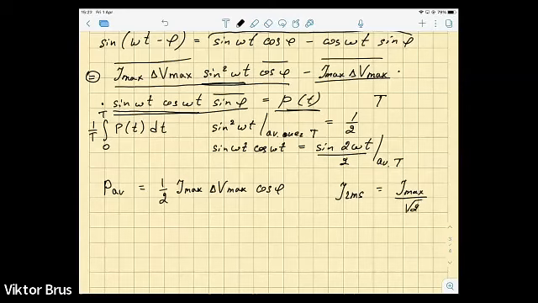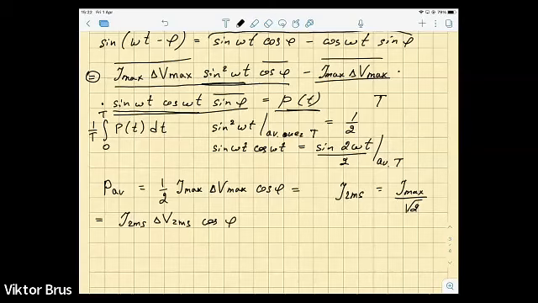That is also valid for voltage. So we can write that it will be equal to I RMS times delta V RMS times cosine phi.